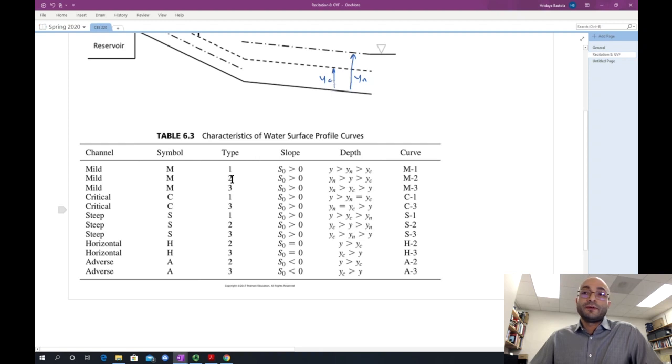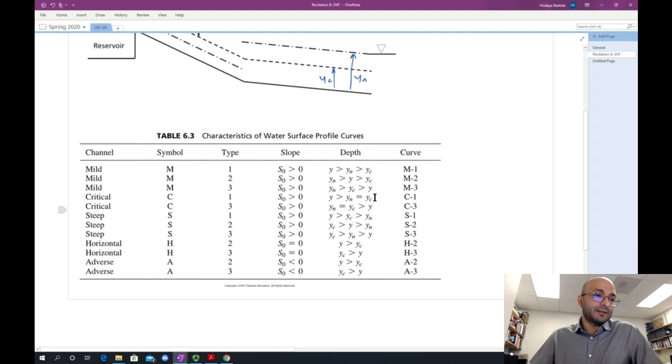Region 2 falls in between your normal and critical depth. Region 3 is the region closest to the channel bottom, and it is less than both your normal and critical depth.